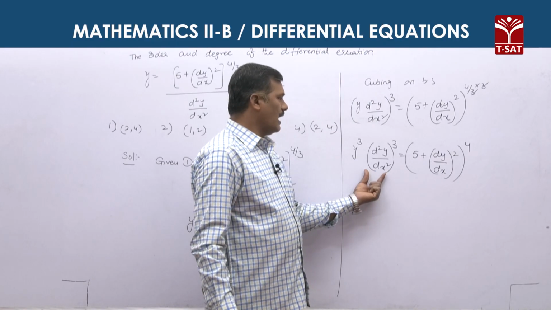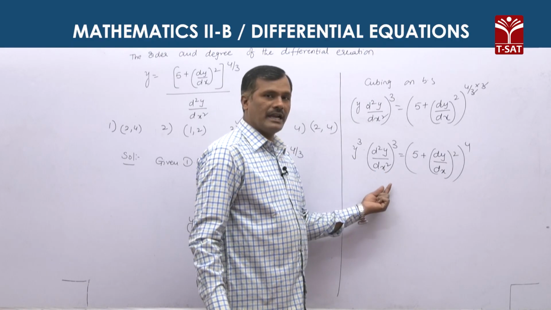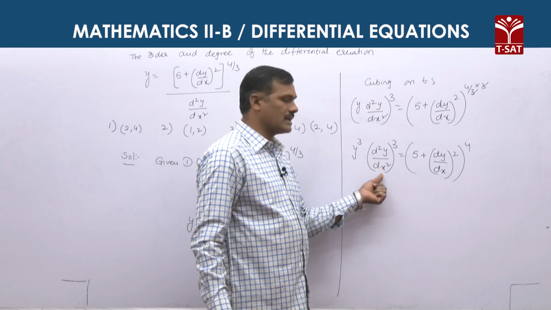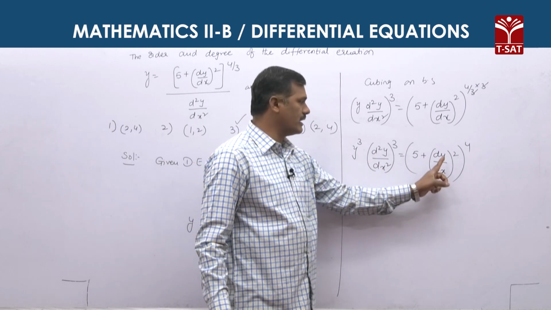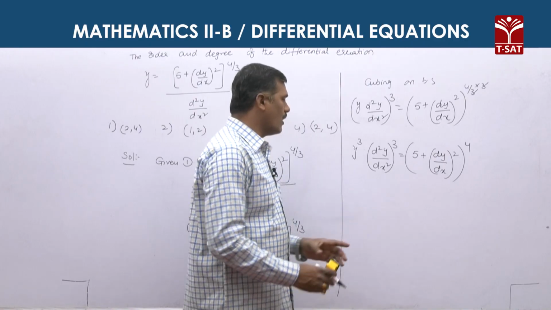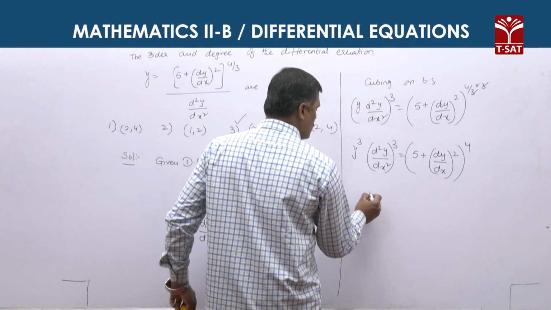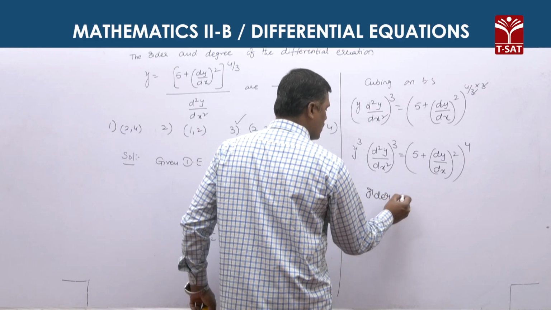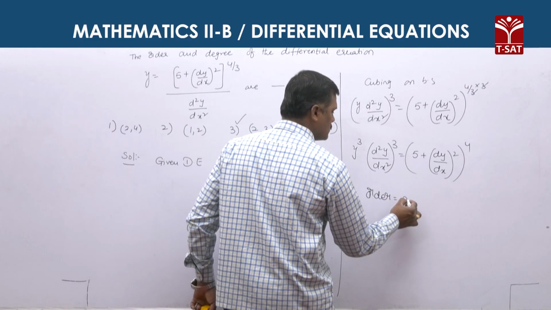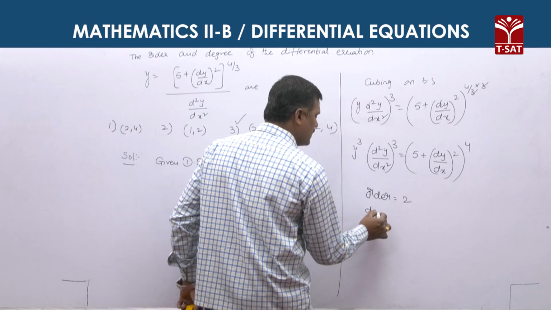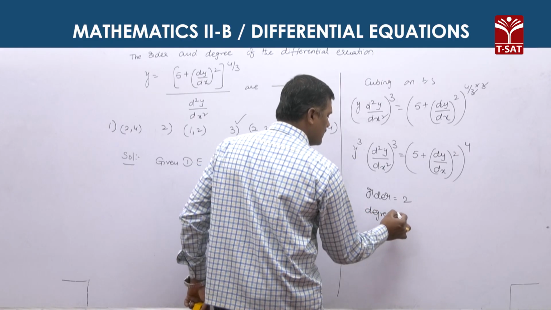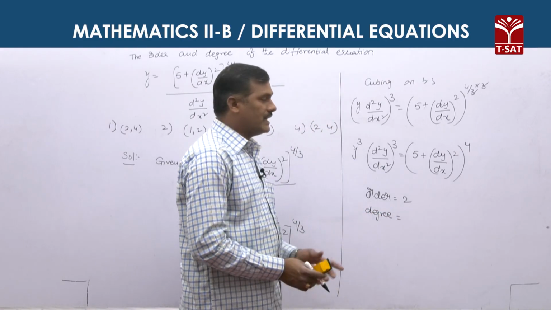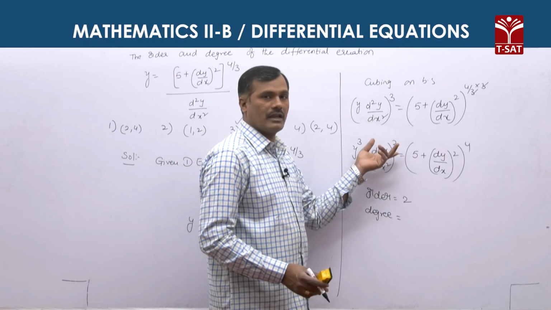Then the highest order derivative in the obtained equation is d square y by dx square. This is a second order derivative and that is a first order derivative. So the order is 2. Therefore the order of the given differential equation is 2, and the degree is equal to the degree of the highest order derivative.